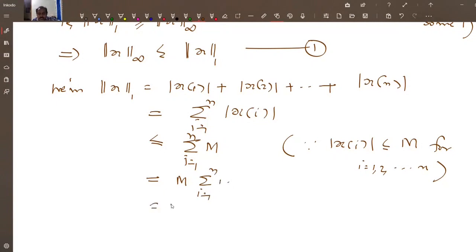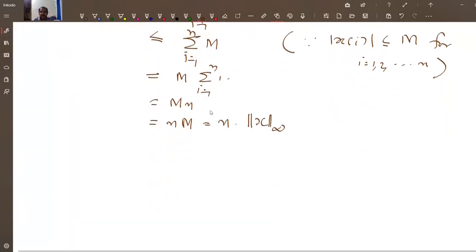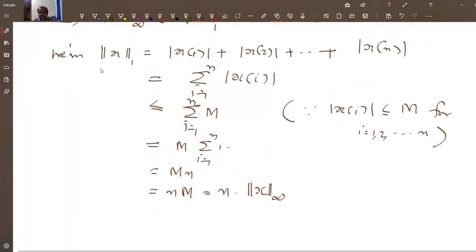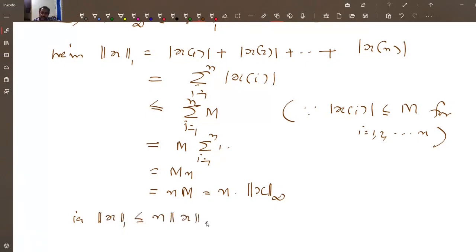So that is m times n, or this is nm, and that is equal to n times m, which is subnorm of x. That is, one norm of x is less than or equal to n times subnorm of x. This is 2.